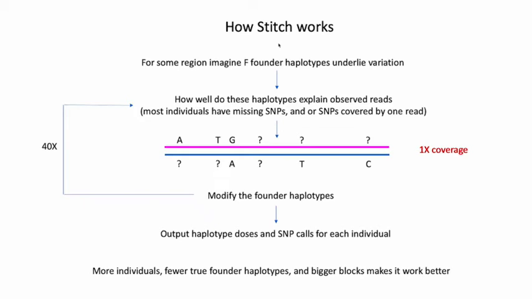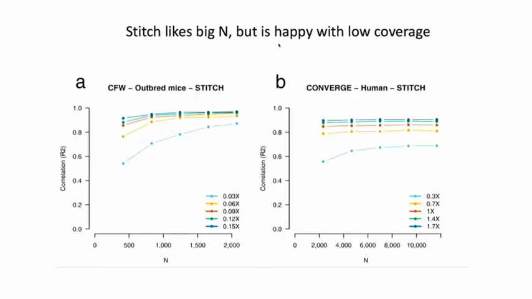So what's clear about this method is that more individuals, fewer true founder haplotypes, and bigger blocks or more LD make it work better, right? So the sweet spot for this method is perhaps a synthetic population, right? In fact, in the paper, they don't even show using the method for less than 500 individuals.